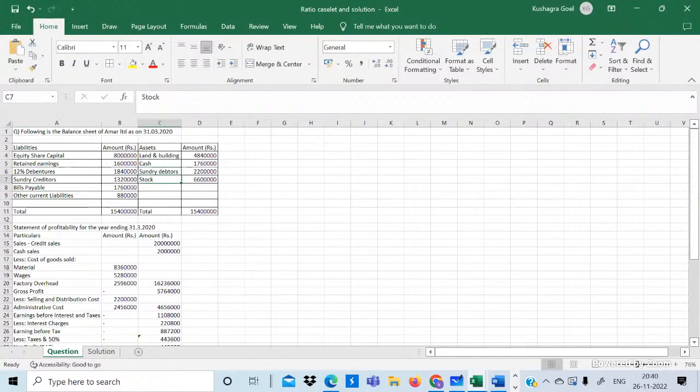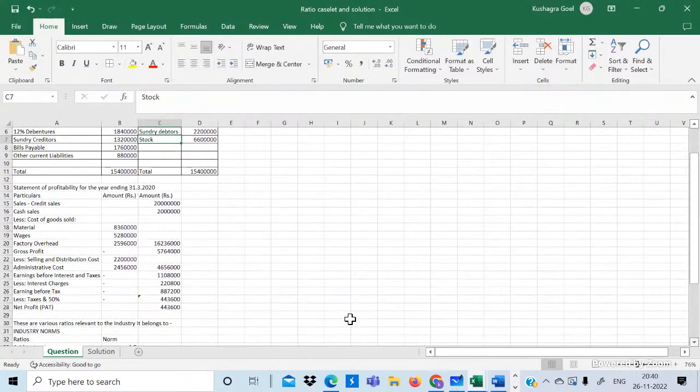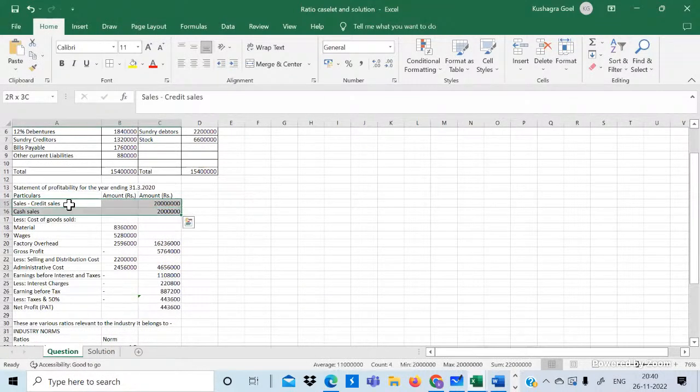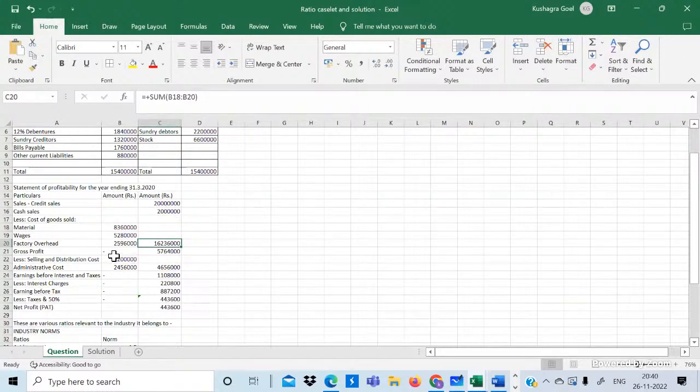Then they've given you the income statement, which is the P&L account. So you've got credit sales, then you've got cash sales, and then they're saying we'll reduce cost of goods sold. Cost of goods sold consists of the material cost, the wage cost, the factory overheads put together. That's 1,62,36,000. If you reduce it from the sales, you get your gross profit. Gross profit is given as 57,64,000.